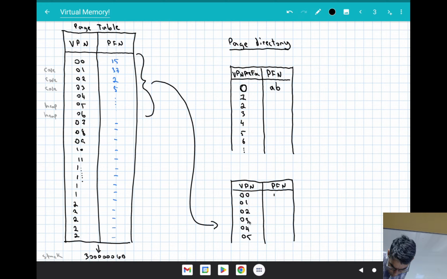So 0, 0 is 1, 5, and then 3, 7, and then 2, and then 5, and then... And so this will still continue to be things like our code section and our heap.